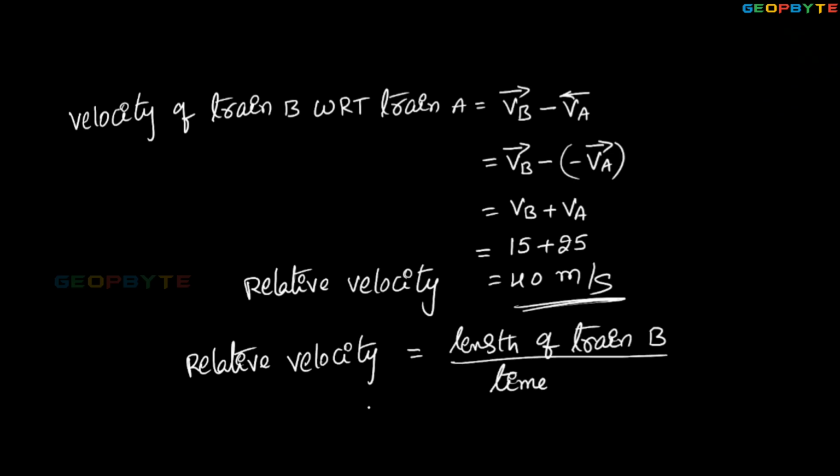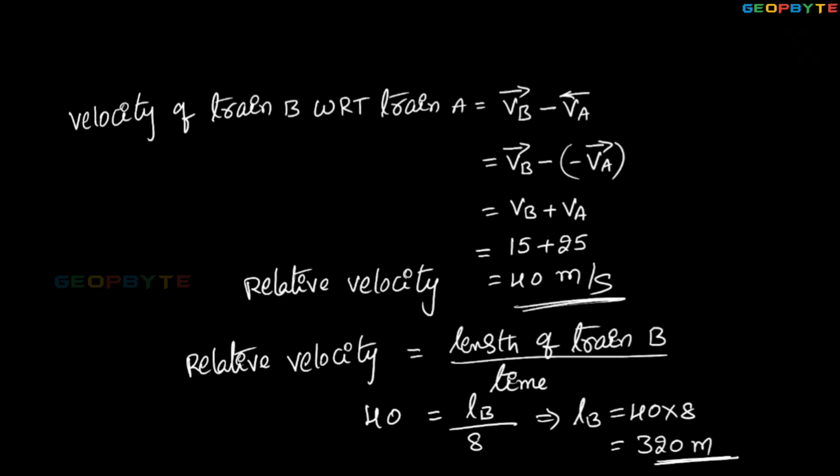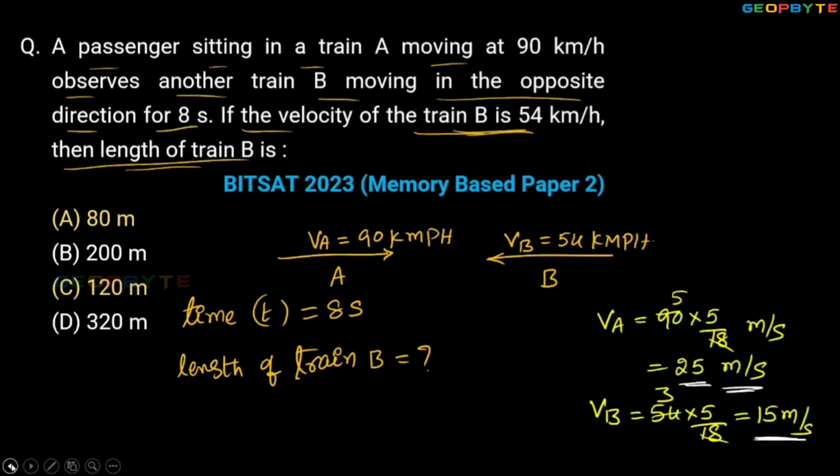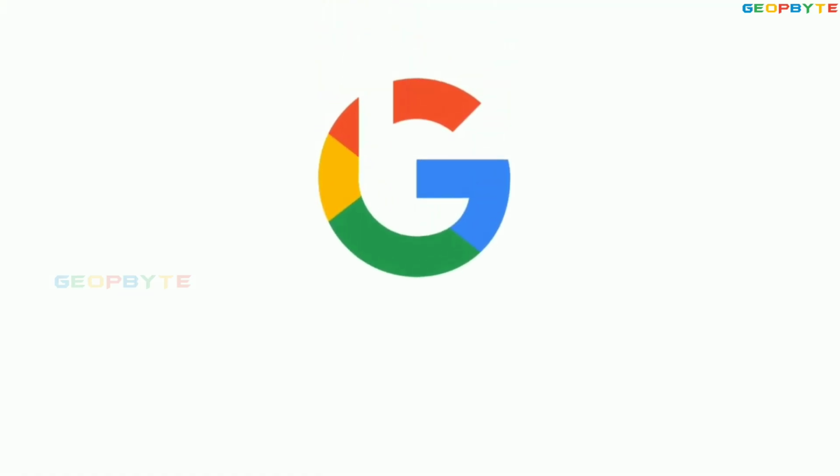Here, relative velocity 40 equal to the length of train B, let it be LB, by the time of 8 seconds. Therefore, length of train B equal to 40 into 8, that is equal to 320 meters. That is the length of train B. Look at the options. Option D is absolutely correct. Understood clearly? Yes. Geobyte.